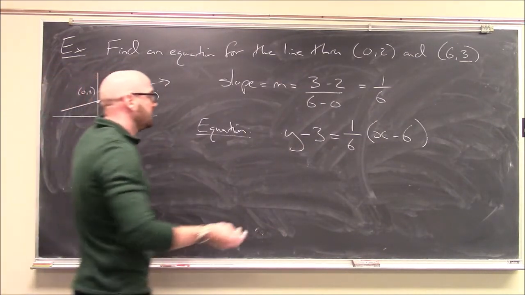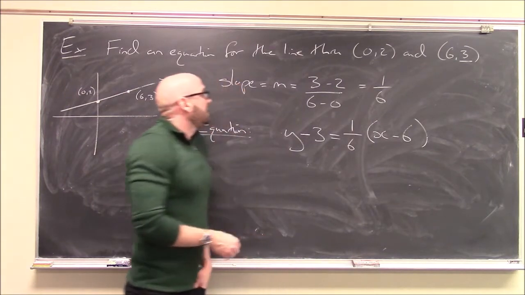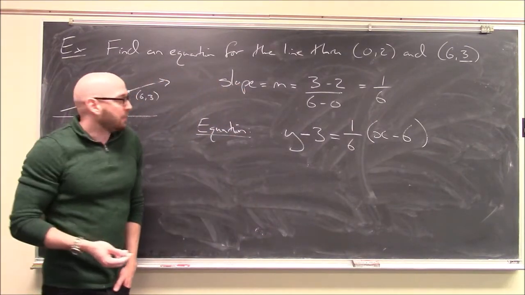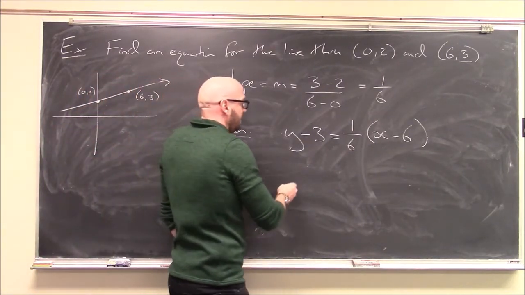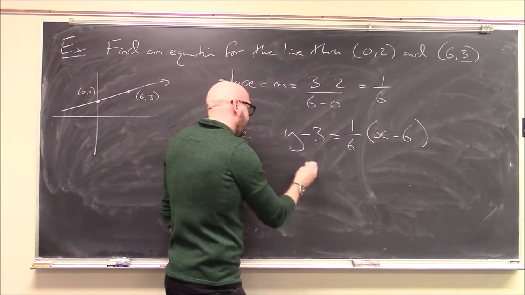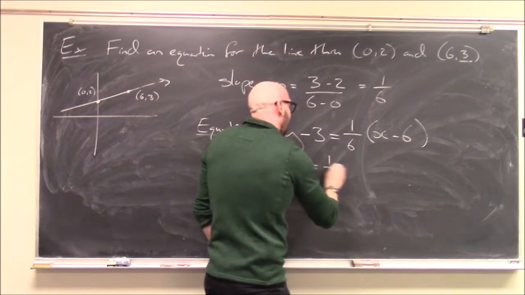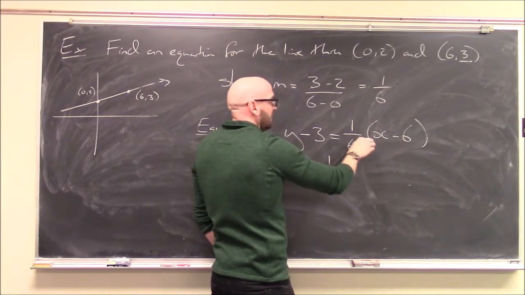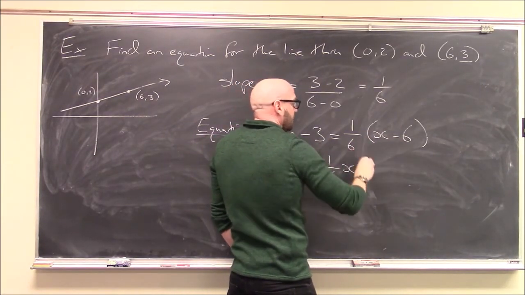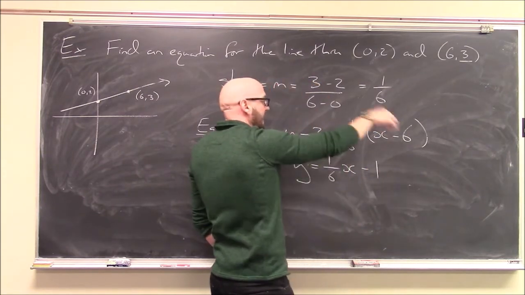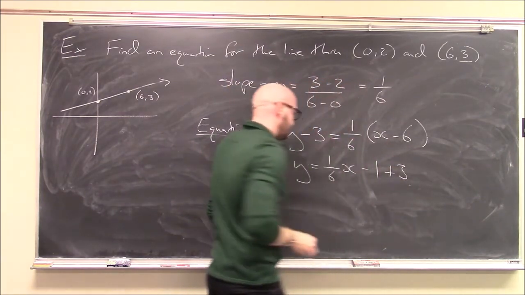It didn't ask for a particular form, so this I would call correct, but MyMathLab will usually specify the form. Maybe it says put it in standard form. So let's put this in standard form. I need to clean this up. We've got y is equal to 1/6 x minus 6 over 1/6, which is minus 1, and then we're adding 3 to both sides, so plus 3.